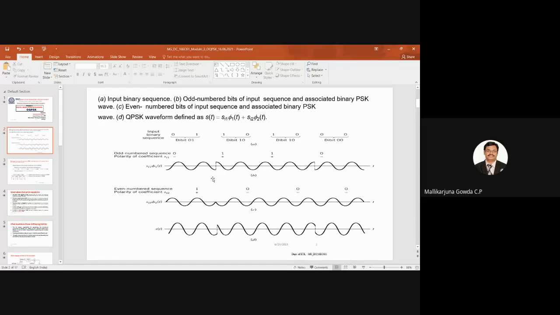Hope you are able to notice that, with respect to this example only. See, the first dibit is 1 0 and the next one is 0 1. So from 1 0 to 0 1, what is the change in phase shift? 90 degrees, pi by 2?